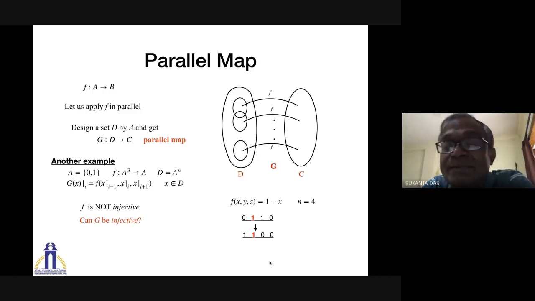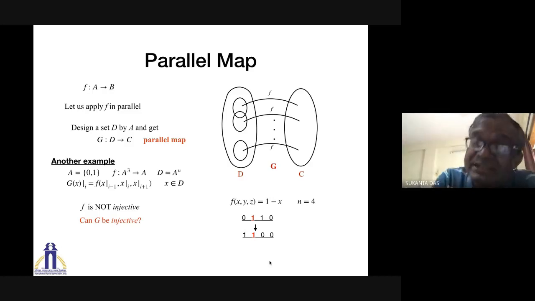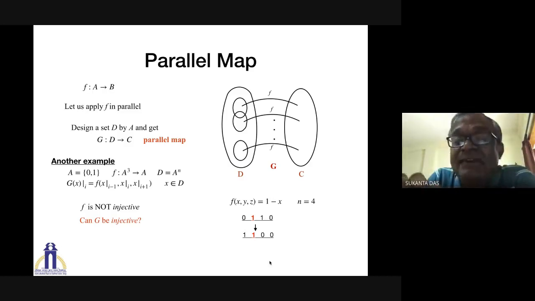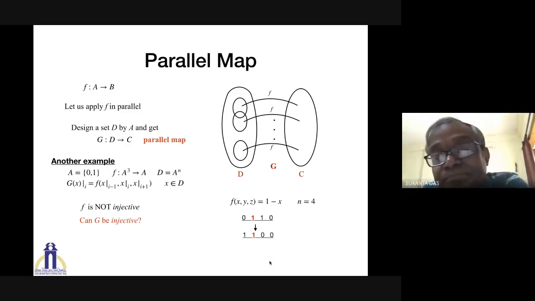Now if you apply f here, by the logic f is 1 minus x, so 1 minus 1 is 0. So the next bit becomes 0. So here we are applying this f in parallel.